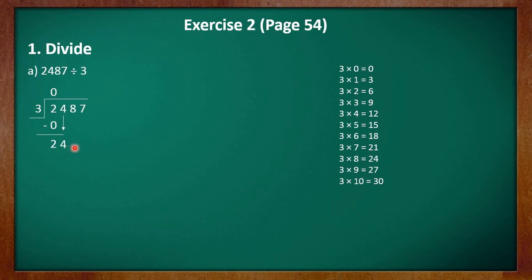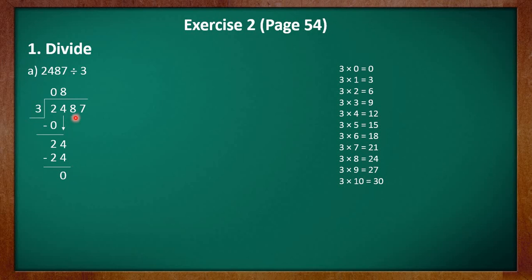Now it makes the number 24. And we know that we have 24 in the table of 3 at 8. So we will write 8 in the quotient and 24 under this 24. So 24 minus 24 will give us 0.